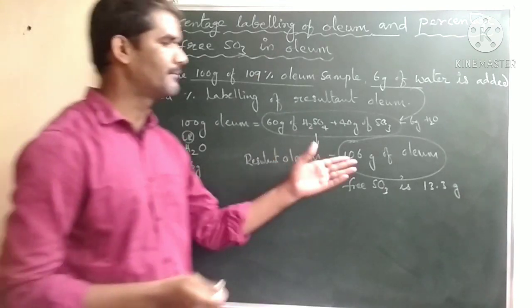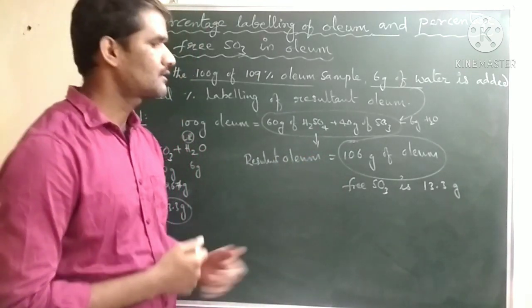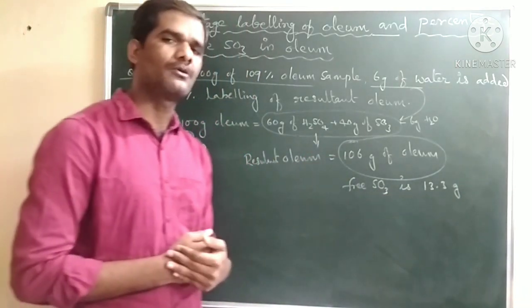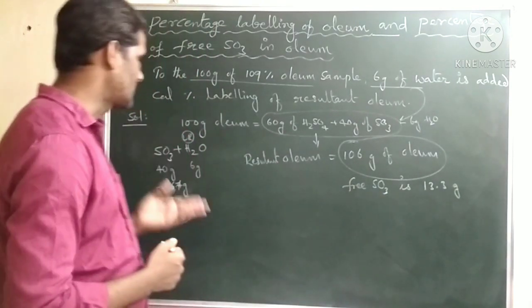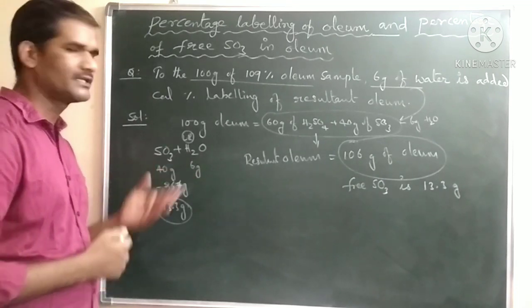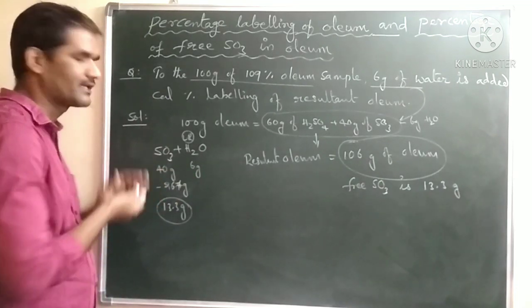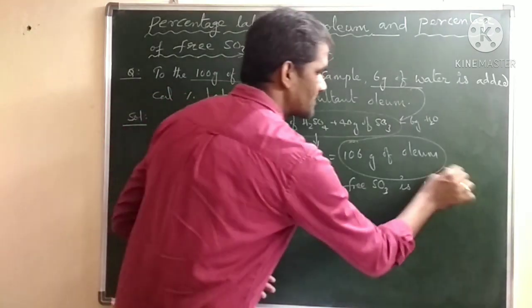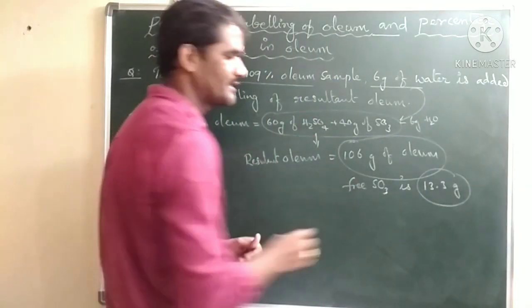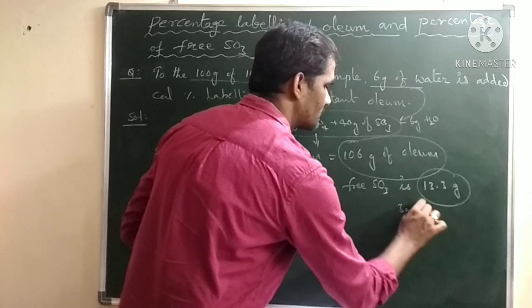Again, now we have to label. So 13.3 grams means how much water we have to add? So how much is left here? For 40 grams we added only 6 grams. To completely react 40 grams, 3 more grams we have to add. So the 13.3 grams of SO3 requires 3 grams of water.